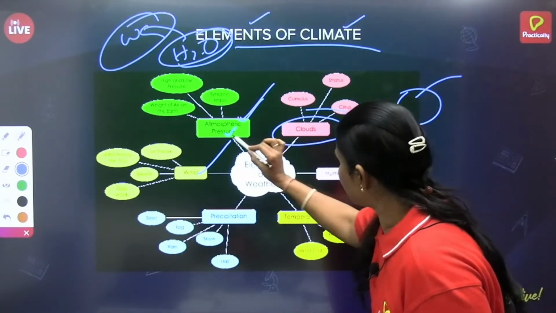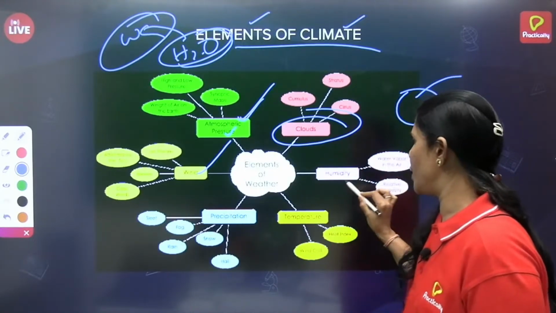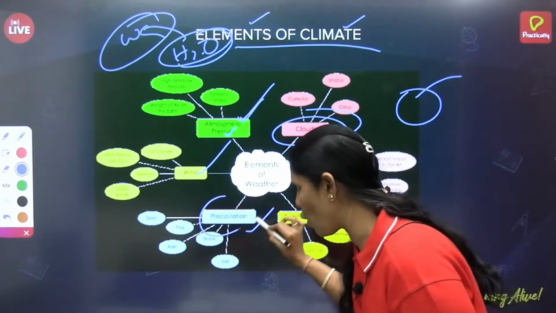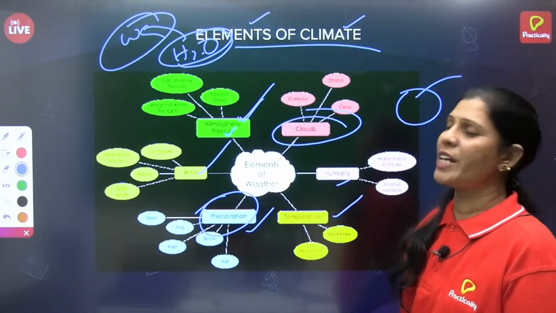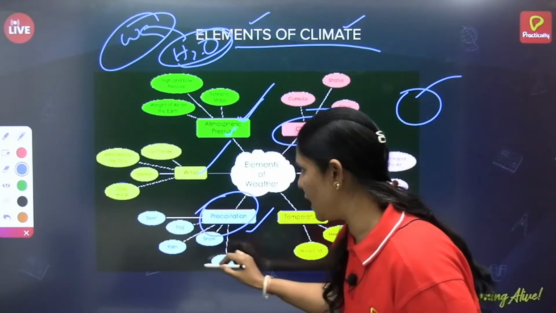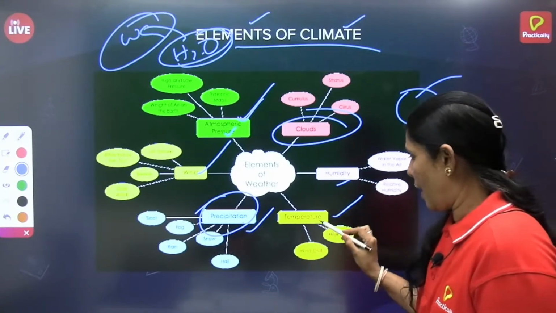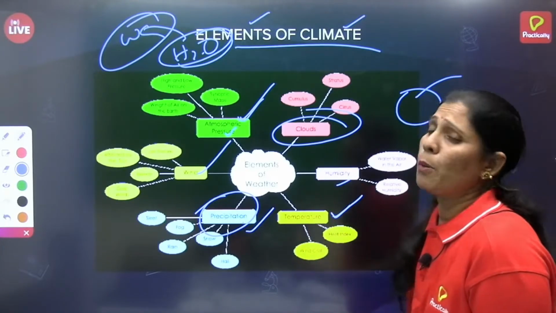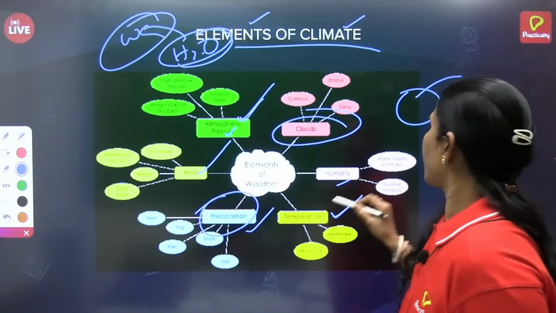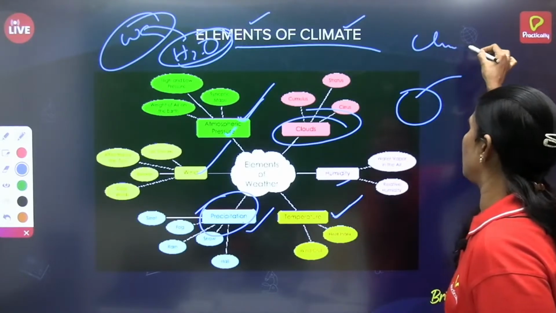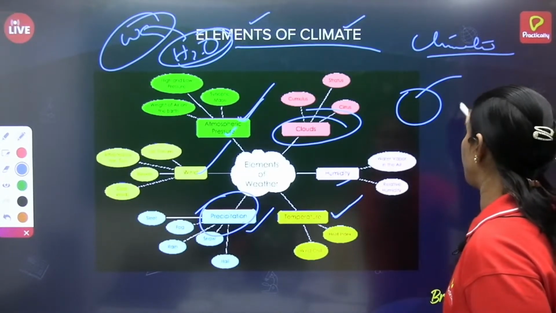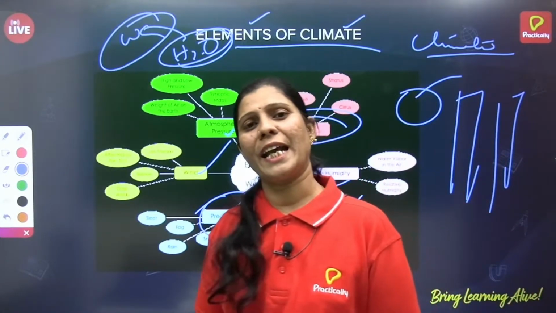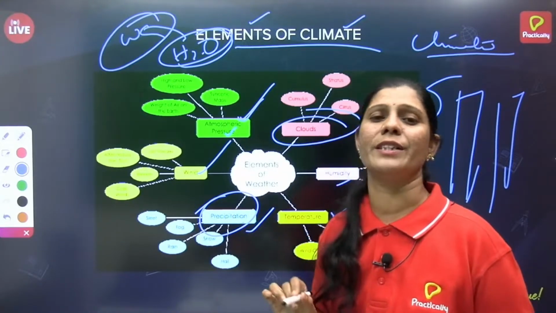So the elements are atmospheric pressure, cloud, humidity, temperature, and precipitation. Precipitation is the form of condensed water reaching the earth's surface in different forms: sleet, fog, snow, rain, or hail. Most of the time, a place's climate is calculated, shown, or represented with graphs.